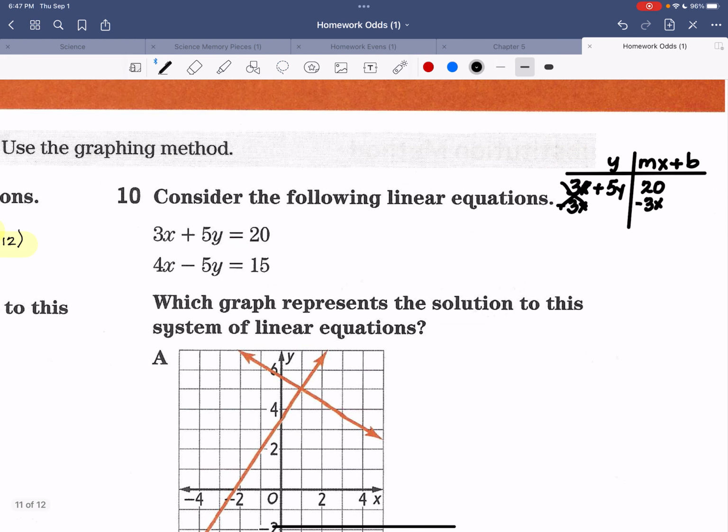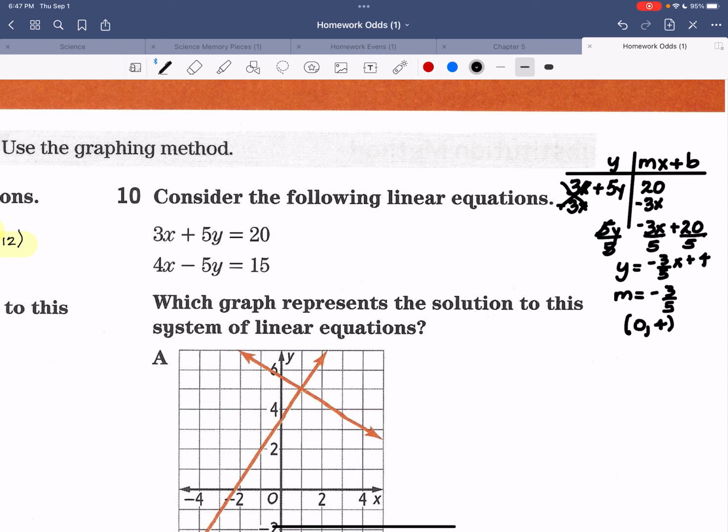So I'm left with 5y equals negative 3x plus 20. So I'm going to divide both sides by 5. And I'm left with y equals negative 3/5 x plus 4. So you have to divide that one also. So there's slope intercept for that one. So slope is negative 3/5, and the y-intercept is 0, 4.